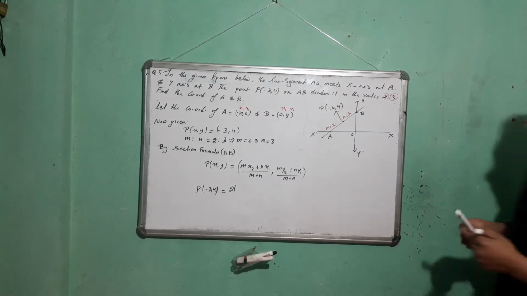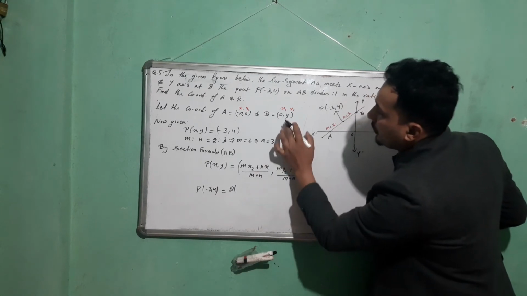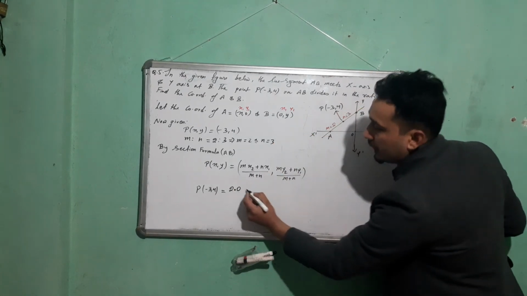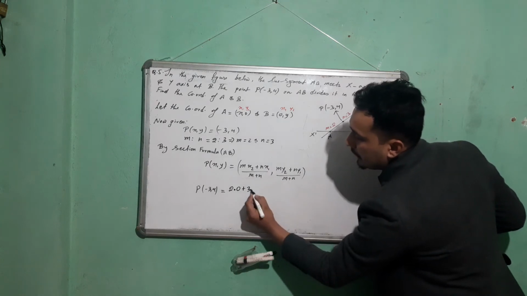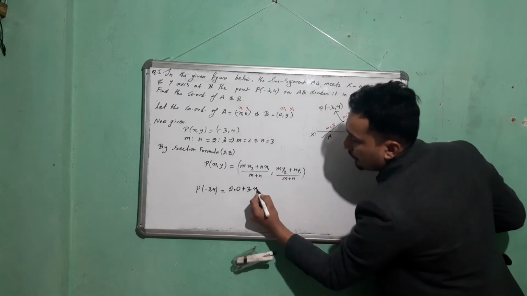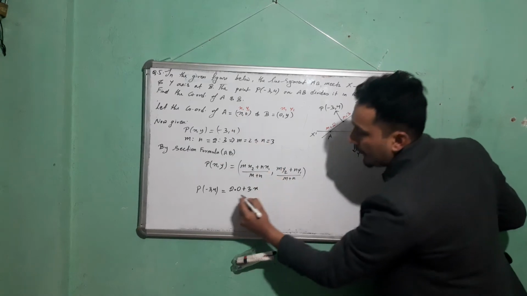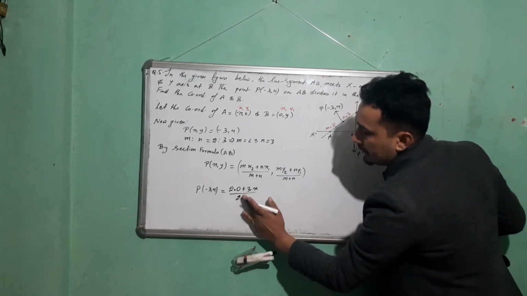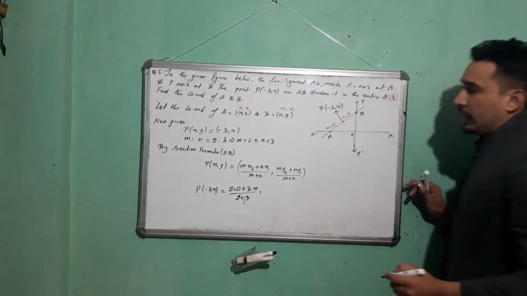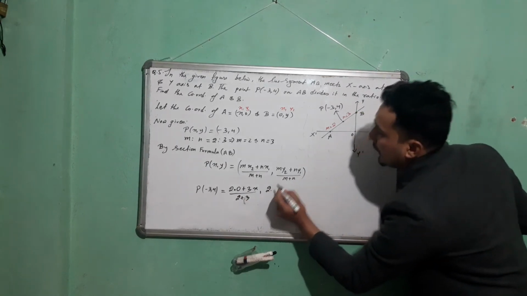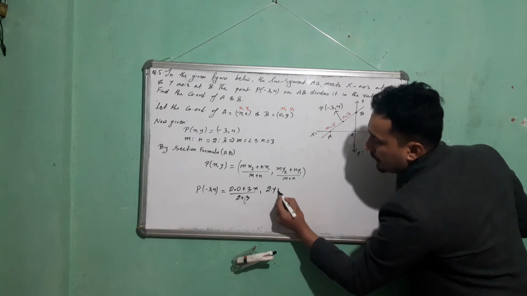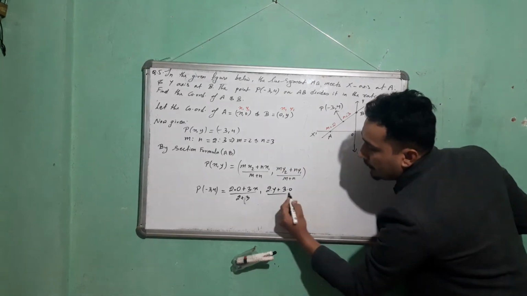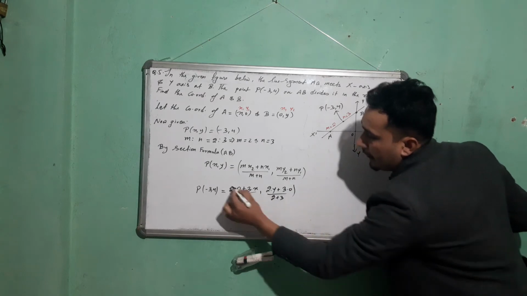So 2 dot 0, dot means into, plus n, the value of n is 3, x1 is simply x, divided by 2 plus 3, comma m is 2, y2 is y, plus n is 3, y1 is 0, divided by 2 plus 3.